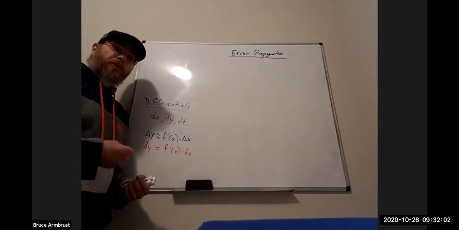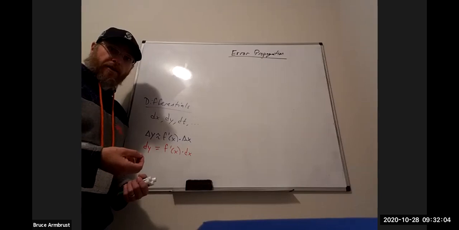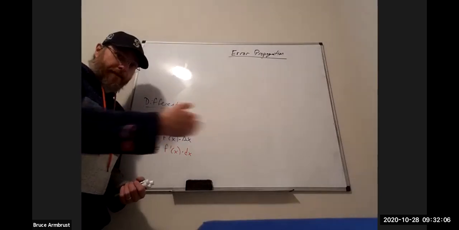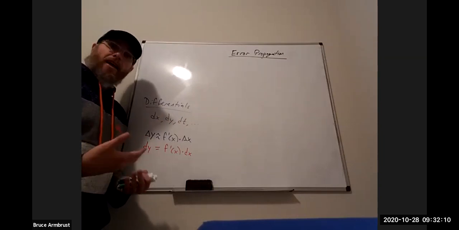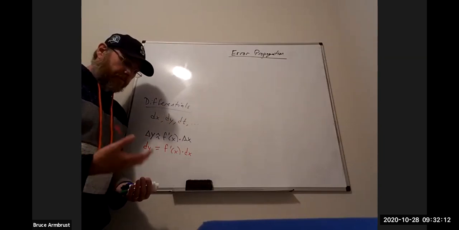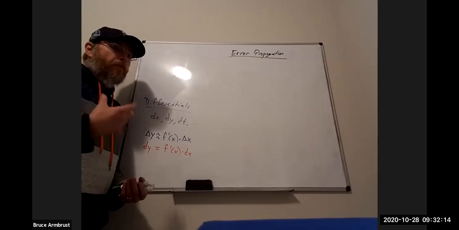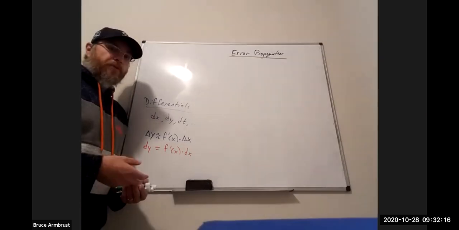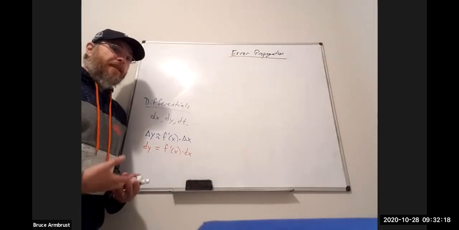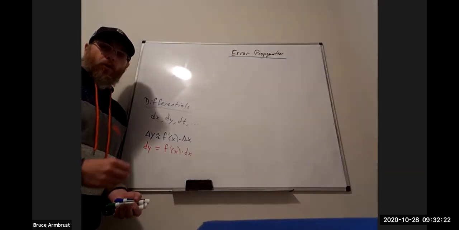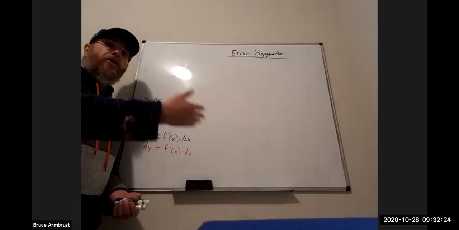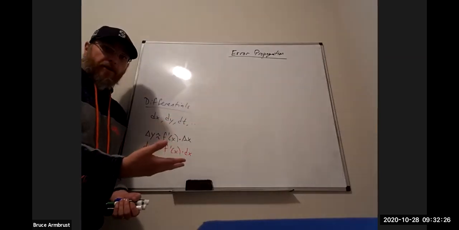And so any error we make at the start gets propagated, gets passed forward, and becomes an error in other things. Okay, so what we're going to do is look at how we can use calculus, how we can use derivatives to help us figure out what this error becomes later.